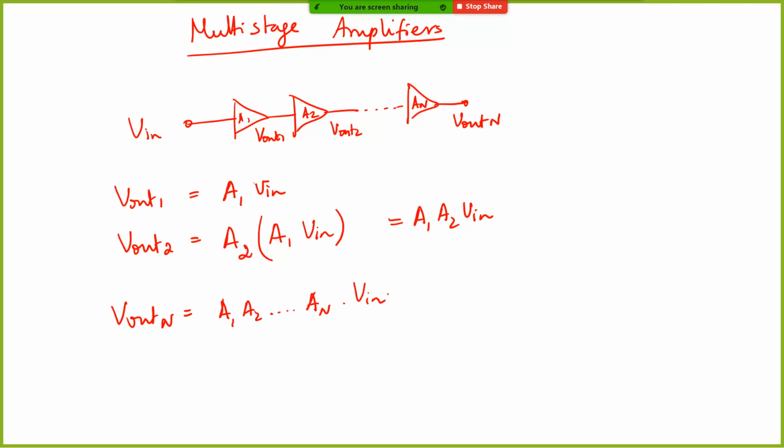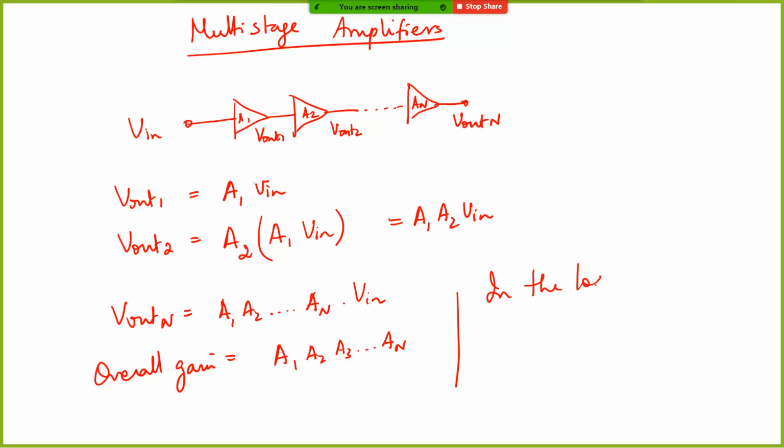Now, what is the overall gain? It is the product of A1, A2, A3, all the way up to AN. If you take it in the log scale, which is what many times we do, you say this amplifier has a gain of 10 dB, the other amplifier has a gain of 15 dB.